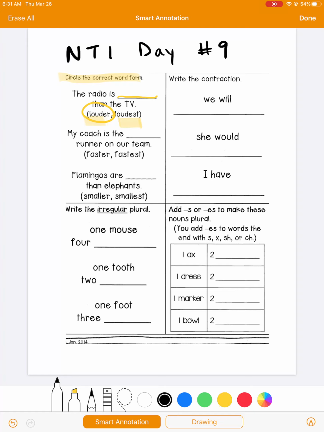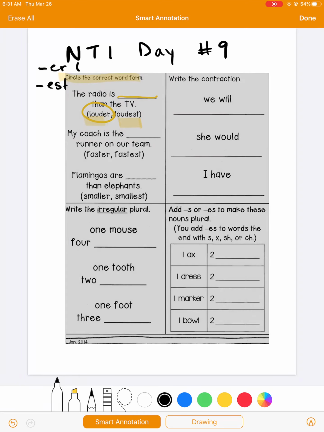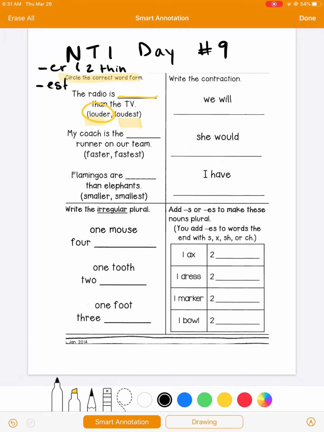So think about when you are adding the ER versus the EST. ER usually means you're comparing just two things. But if you use EST, you have usually 3 or more, is usually when you add the EST to words to compare them.